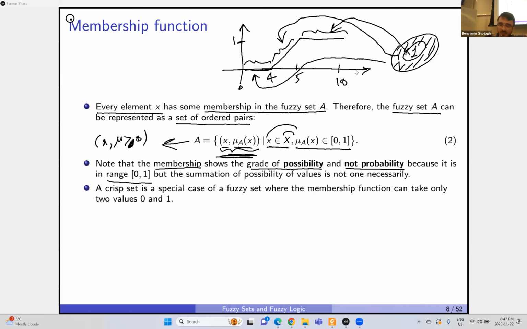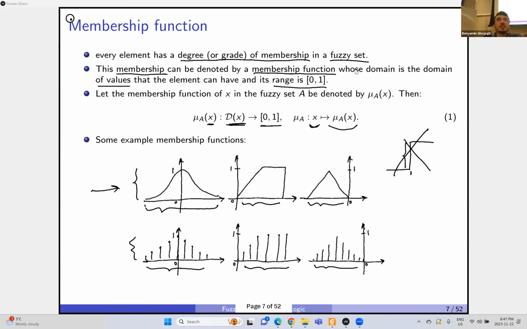Another thing which is important is that this membership is between 0 and 1, right? So you might think that it is probability. It is not. Why? Because these values don't sum to 1. Or in continuous form, this doesn't integrate to 1.